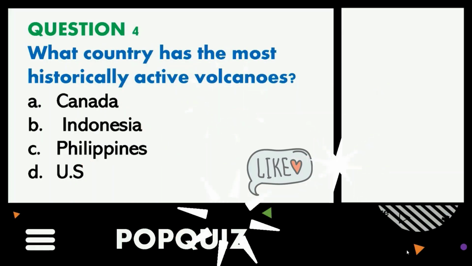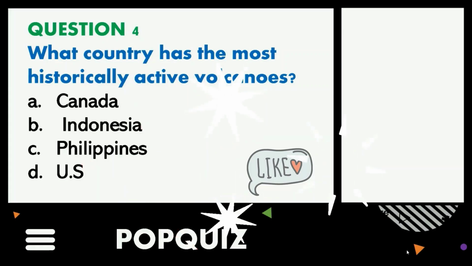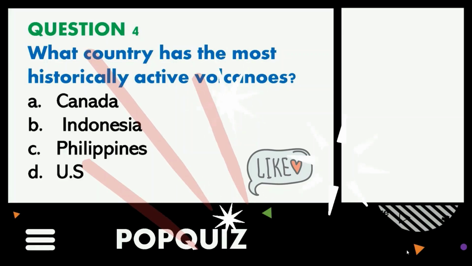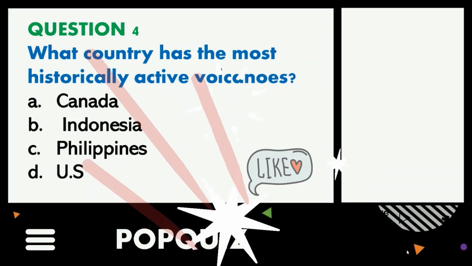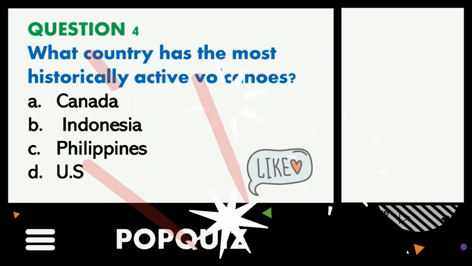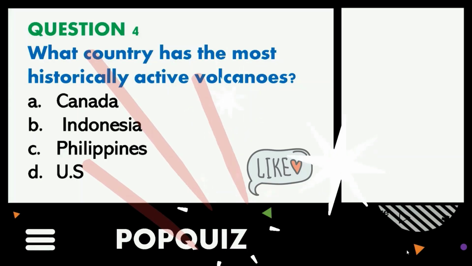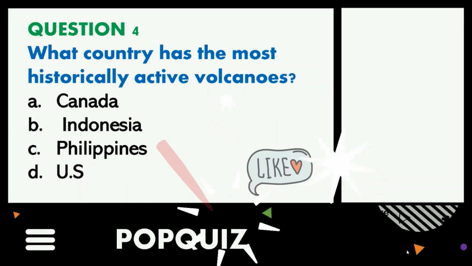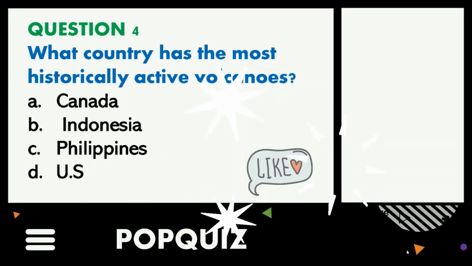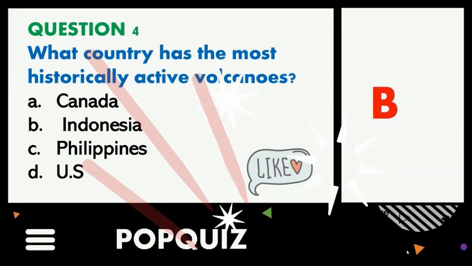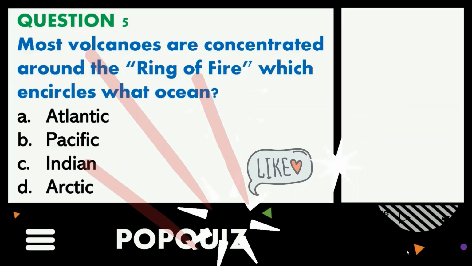Question number 4. What country has the most historically active volcanoes? Is it A, Canada, B, Indonesia, C, Philippines, or D, United States? Go! And the answer is B. Question number 5.